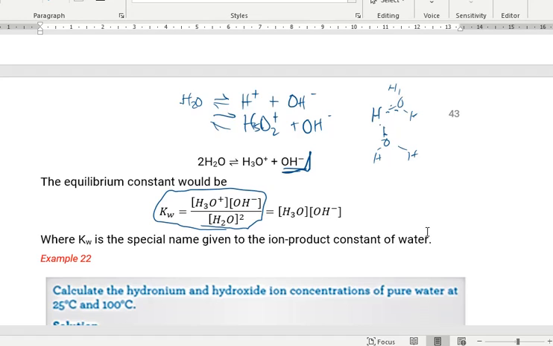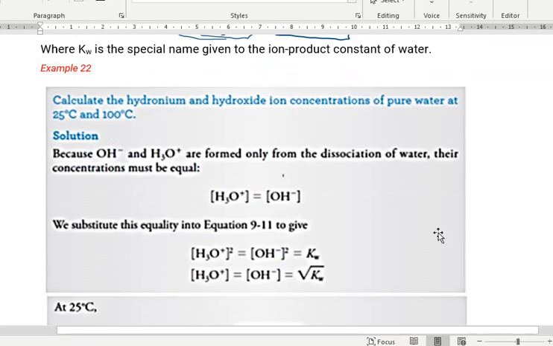Okay? But then, as we know, water man is liquid, so that will be equal to 1. So, makancel siya. So, the Kw, or the ion product constant of water, is now this. Okay? So, the ion product constant is just a special name. So, let's try to solve this.